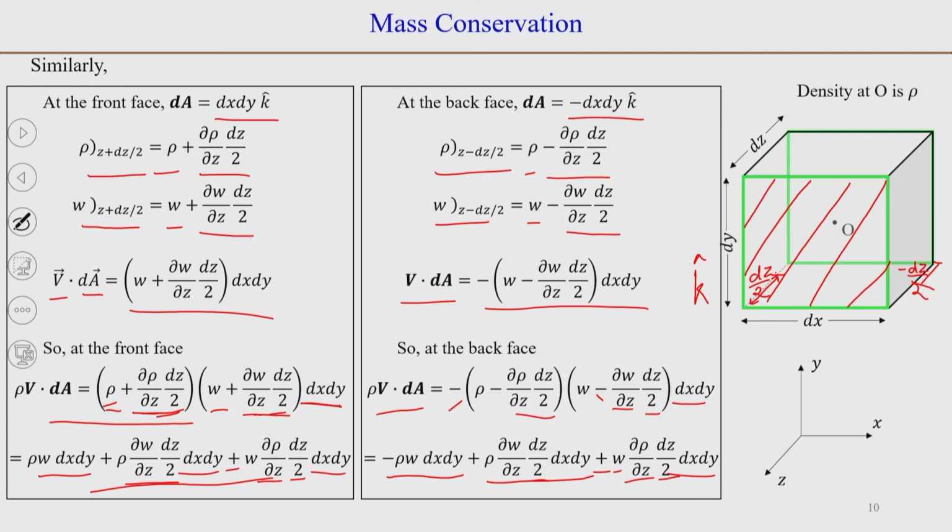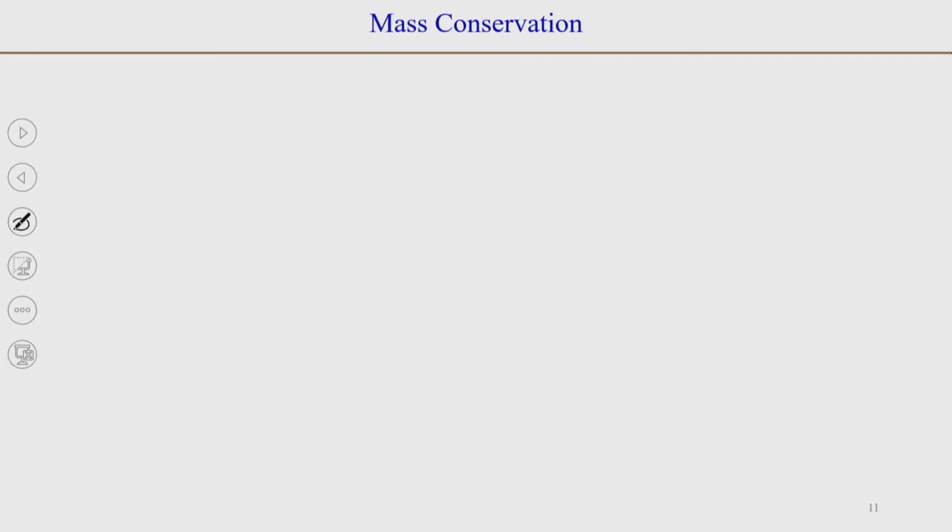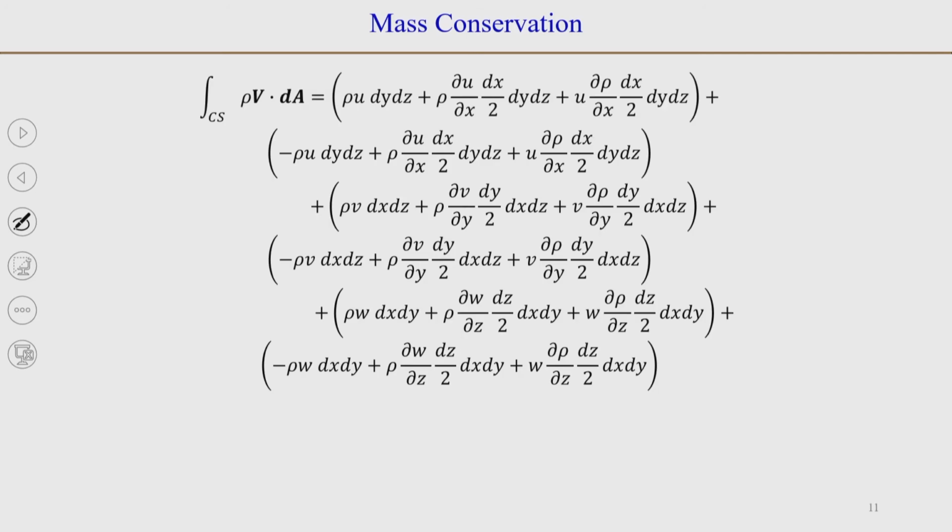So, now we have this integral rho v dot dA on all the faces, and we can sum this term to find the second term in the mass conservation, which is the integral over the control surface which has 6 faces, rho v dot dA.